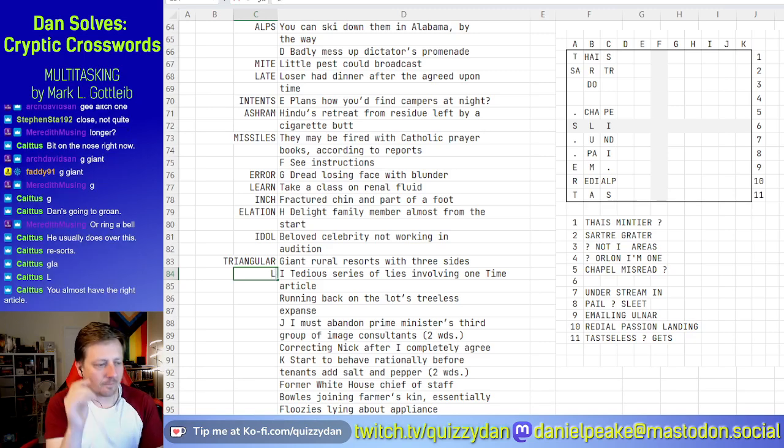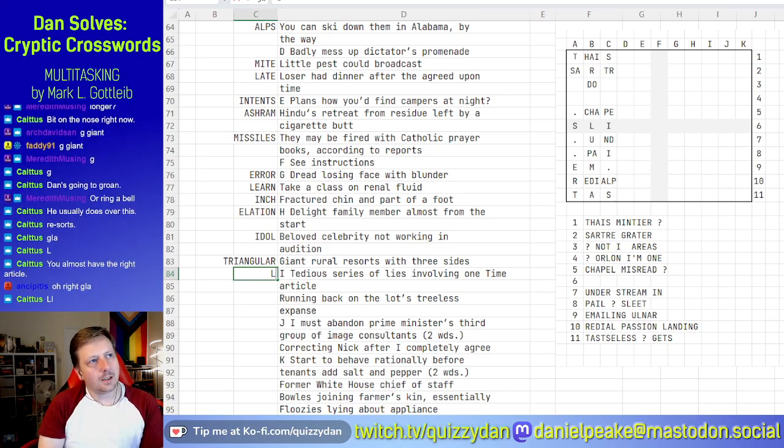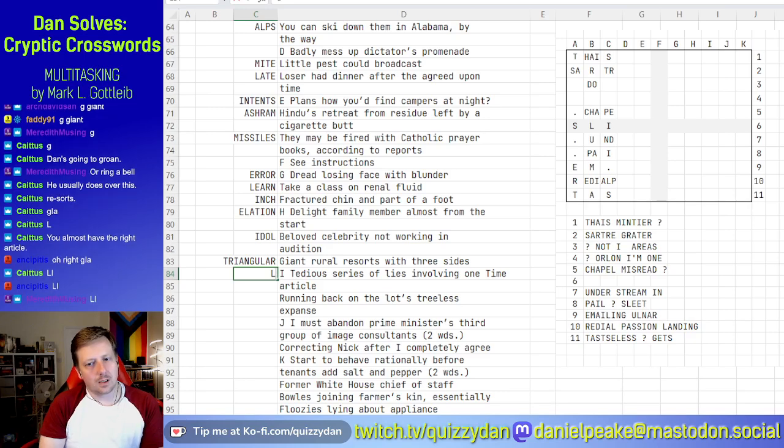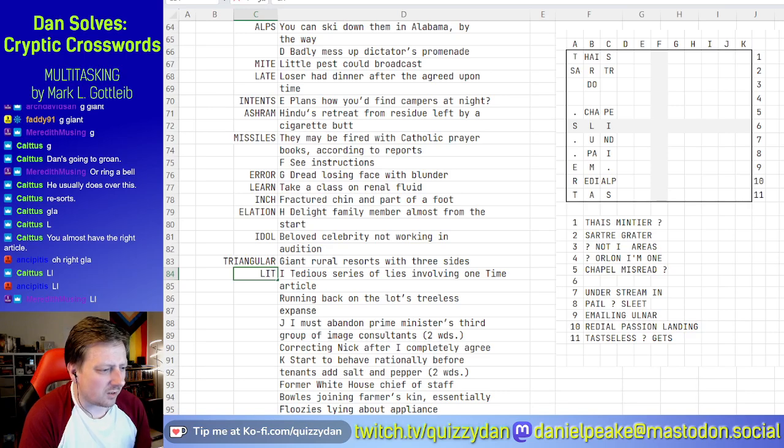Next letter. So an. Itant. Unless it's tedious series of somehow. It's not like totes, is it? Because it's lies involving one-time article. Nope.